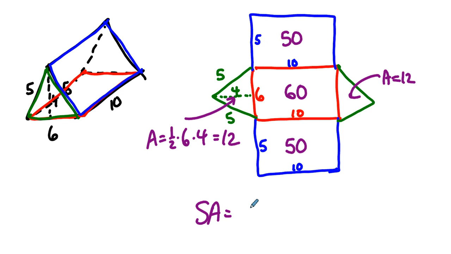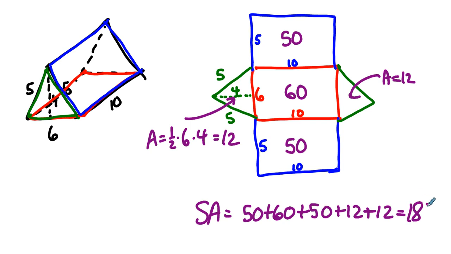And so the surface area is 50 plus 60 plus 50 plus 12 plus 12. And that's 100, 160, 184. We can do this with any prism. We find the net, we add all the areas of all the parts of the net together, and we've got it.